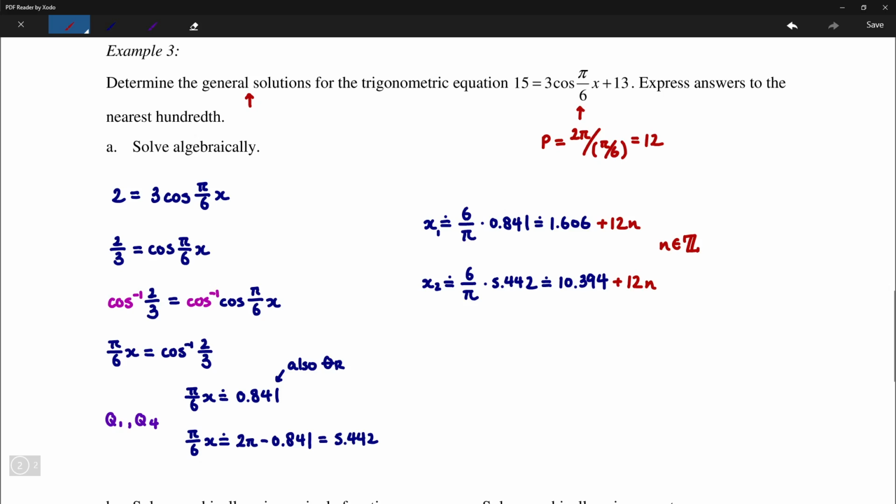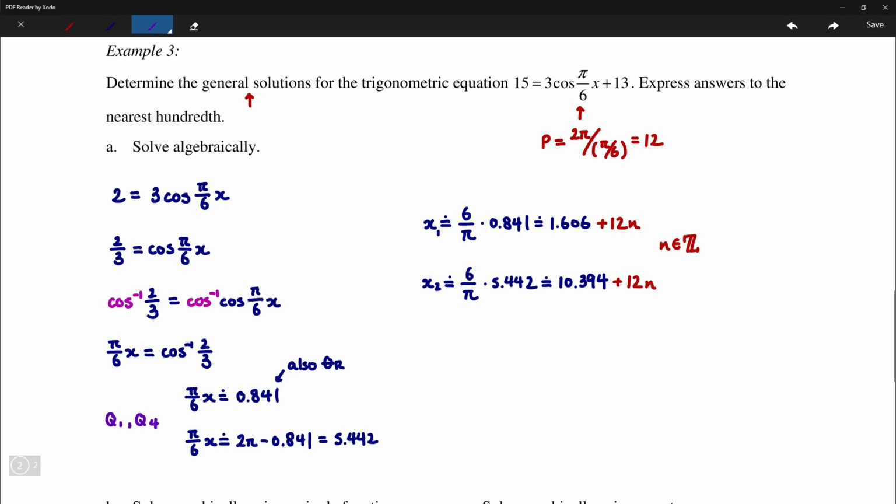Okay, so again, the idea is to start the question by isolating or simplifying the equation so that we have a trig ratio on one side and just a constant on the other. Then we're going to find the value of x, or in this case, pi over 6x, by taking the arc cosine on both sides.